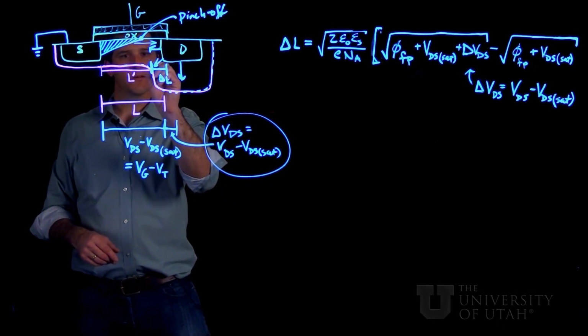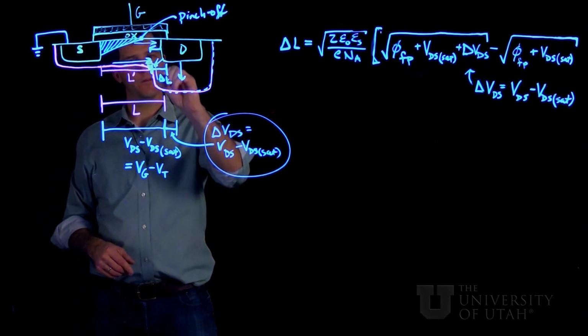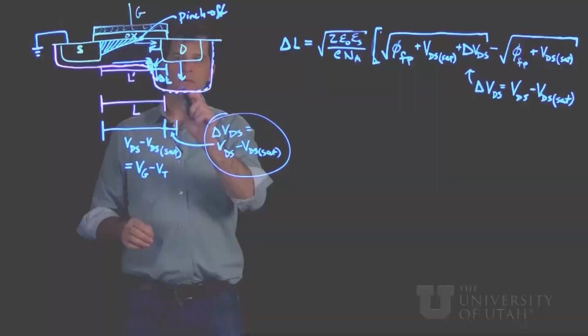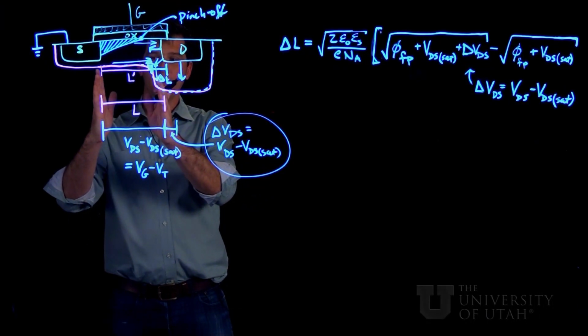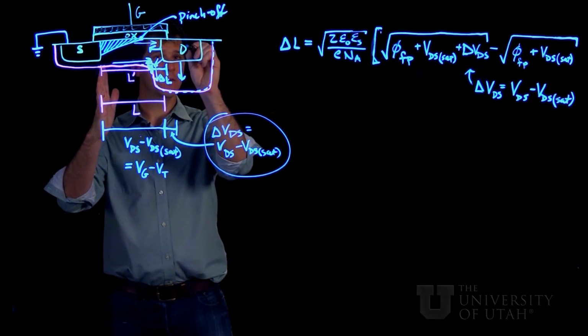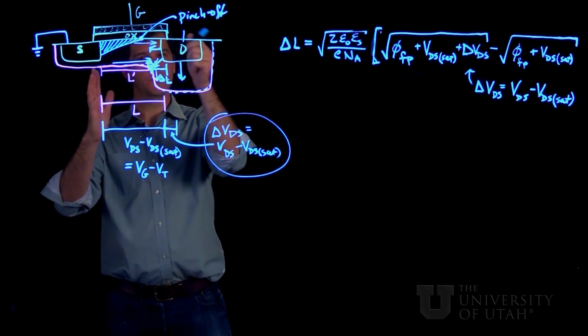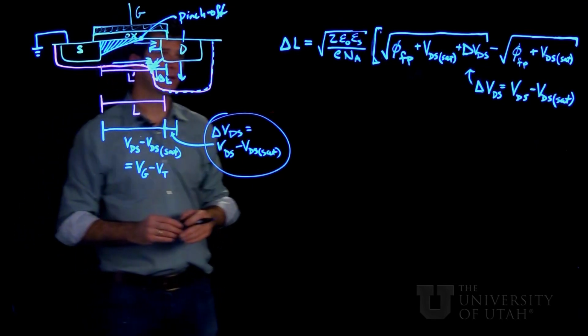So all our electron has to do is make it to this point right here, and then it falls into the drain automatically because it's swept through the depletion width. The net effect is that the effective channel length becomes smaller and becomes dependent on the source drain voltage as this depletion width modulates the position at which this pinch-off happens.